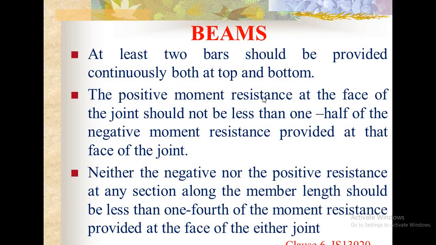In beams, at least 2 bars. It is very important from the perspective of earthquakes that at least 2 bars be provided continuously both at top and bottom. The positive moment resistance at the face of the joint should not be less than 1/2 of the negative moment resistance provided at that face of the joint.